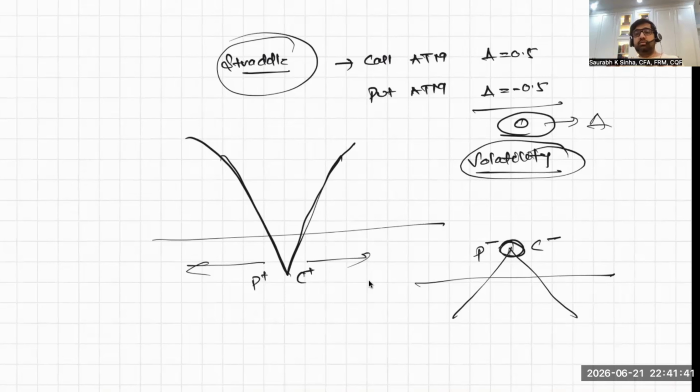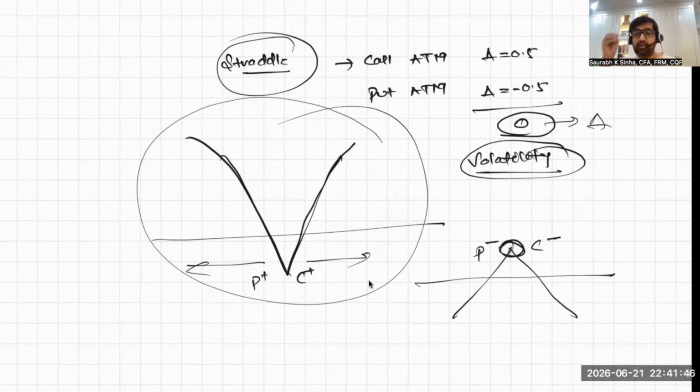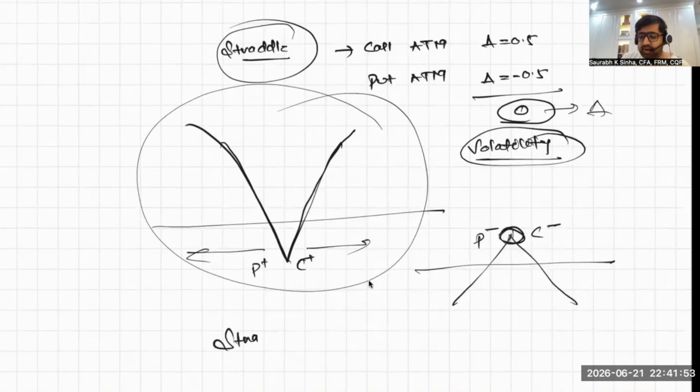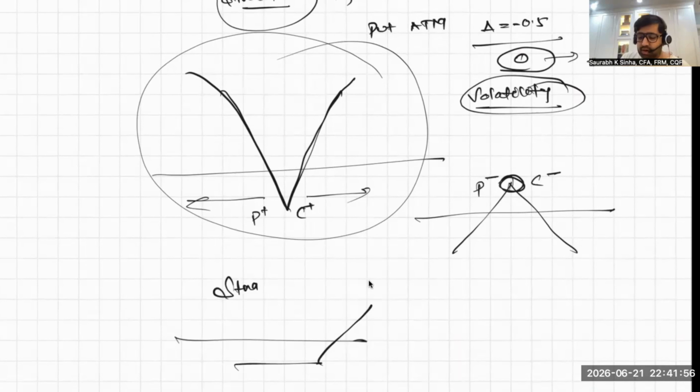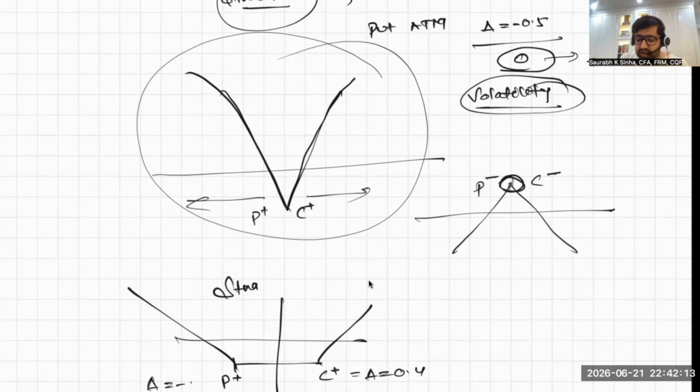If you are afraid of buying a straddle because of the high premium of the at the money call and put, you can also go for a strangle, where you buy an out of the money call and an out of the money put, and you still enjoy the high volatility. Your delta would still be zero, because the out of the money call has a delta of 0.4 and the out of the money put has a delta of negative 0.4.